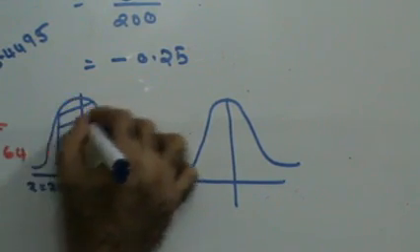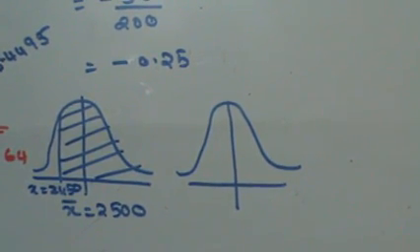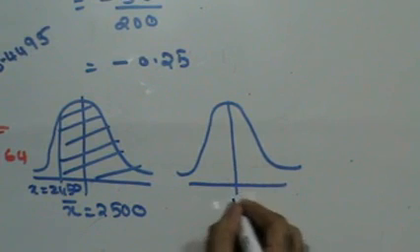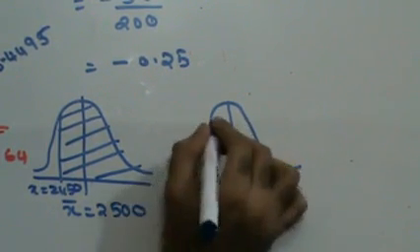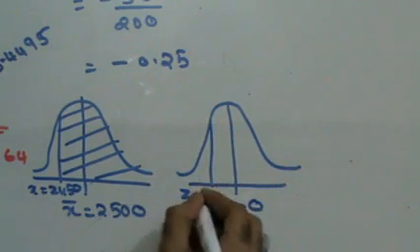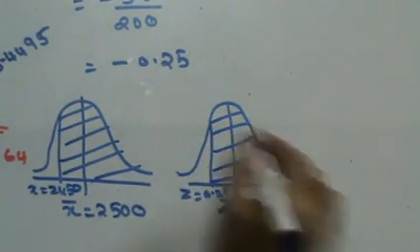I want more than 2450. I want to know what proportion of bulbs have a life of more than 2450. In the normally distributed data, the mean line is z is equal to 0 and this line is z is equal to 0.25. I want this area, right?